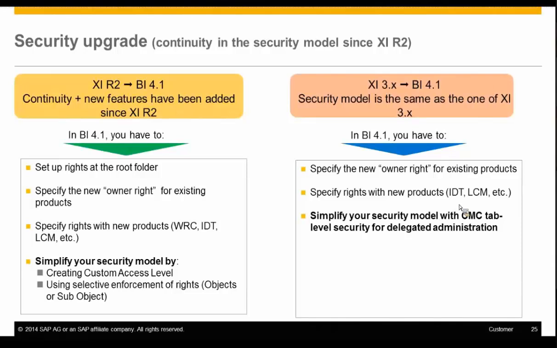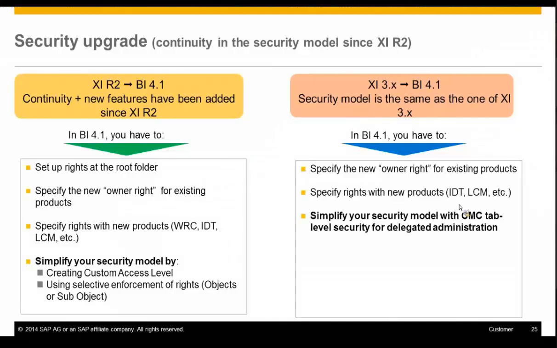So you have to completely redesign your security model. There are significant improvements and enhancements in 4.1, and I've highlighted some of them. Pretty much 4.1 will help you simplify your security model with things like customer access level.